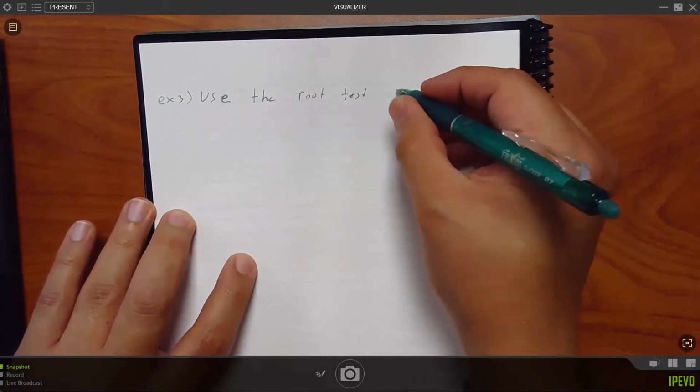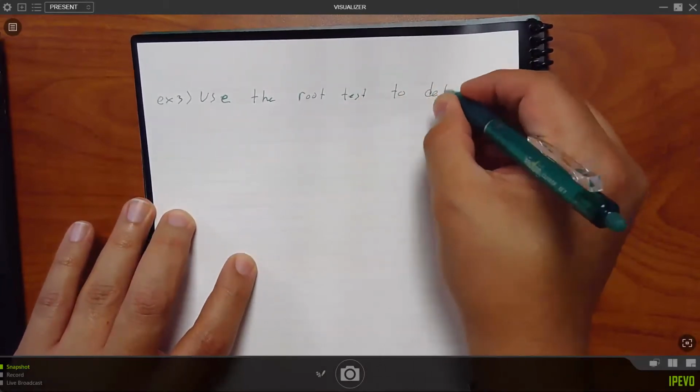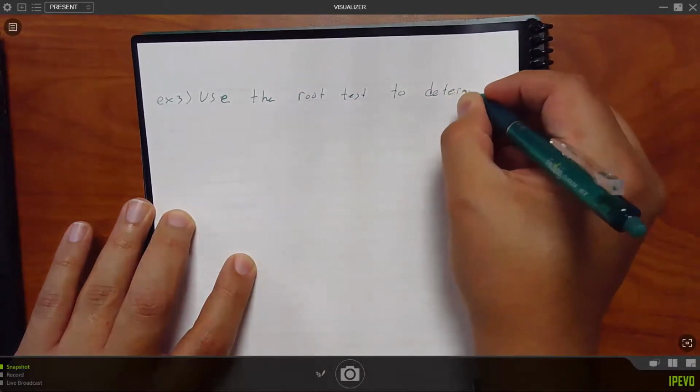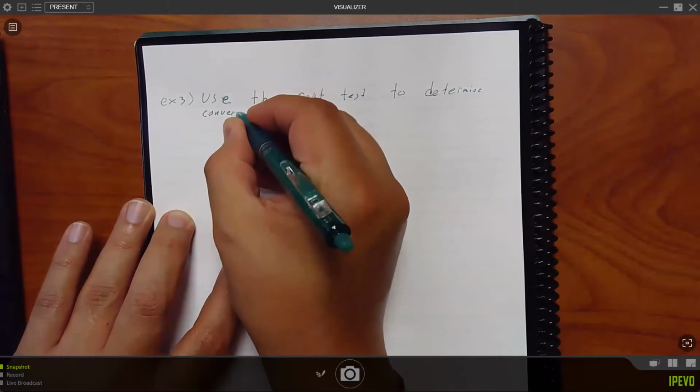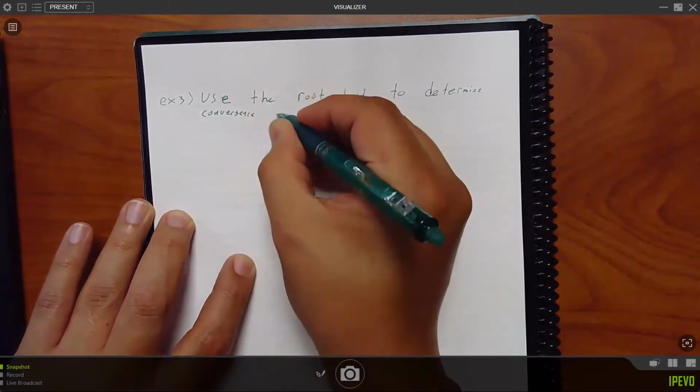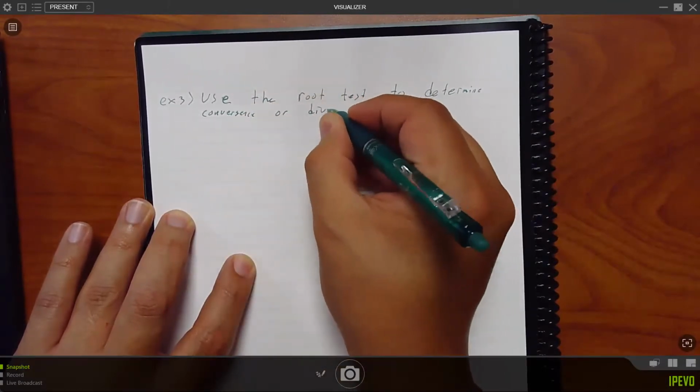Use a root test to determine convergence or divergence.